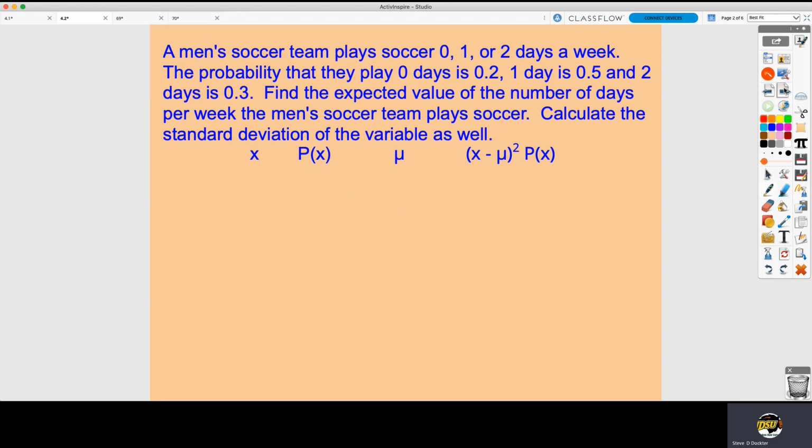And then we're going to figure out what the standard deviation is of this also. So get this written down. These are the sorts of problems you're going to be doing homework-wise. Even though it does say standard deviation here, technically you can do standard deviation the way that you guys have been taught in the past. This is just another way to do it.